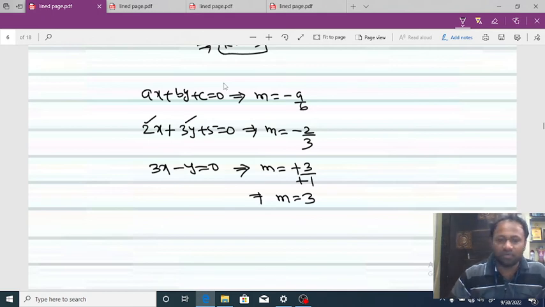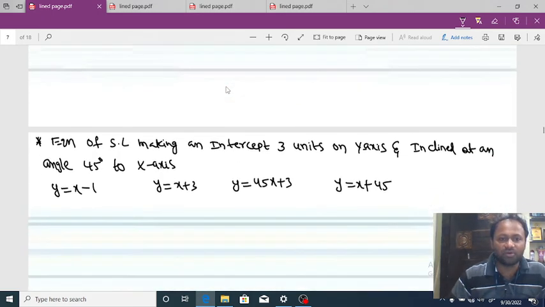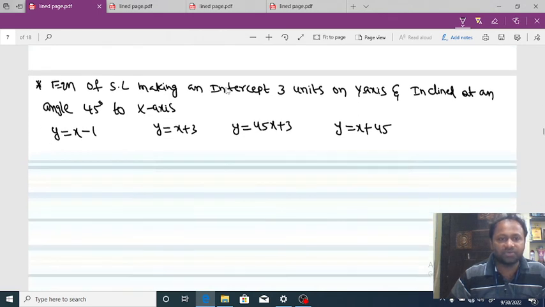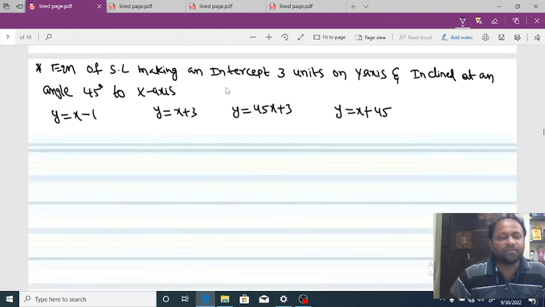Now we are going to do one more problem. So see this. What is the problem? First of all, we need to see what the question is. Equation of the straight line making an intercept of 3 units on the y-axis and inclined at an angle of 45 degrees to the x-axis.